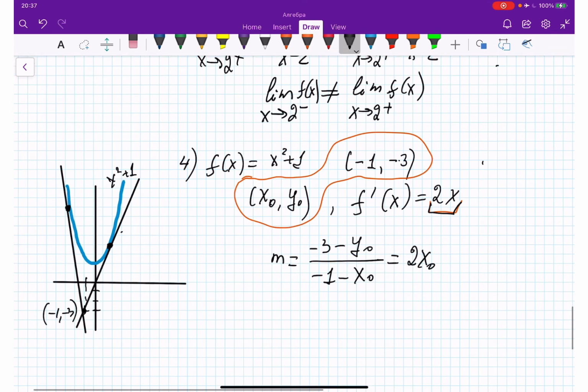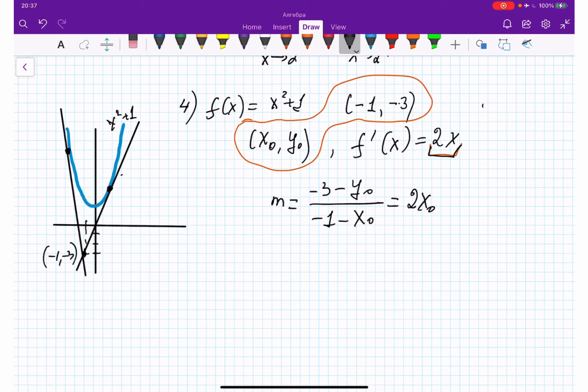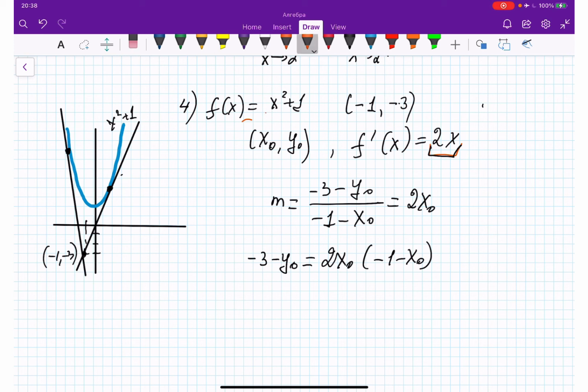Okay, from here I'm going to do some algebraic changes. -3 minus y0 is equal to 2x0 times (-1 minus x0), and y0 I'm going to replace with x0 squared plus 1, meaning our original function at the point x0. So at the point x0, it's going to be x0 squared plus 1.